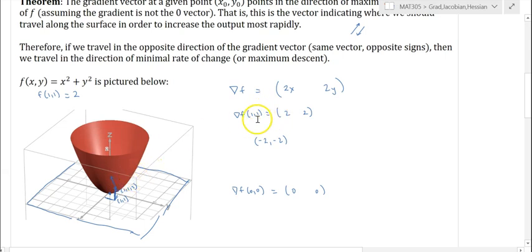So think about this as we could travel ourselves up to the maximum by computing the gradient at the point, moving an infinitesimally small amount in the direction of that gradient, then recomputing the gradient at that new point, and then again moving an infinitesimally small amount in that new direction. We repeat this process. We'll eventually whittle our way to a maximum if it has one. Alternatively, if we move in the opposite direction and then recompute, we'll eventually move ourselves in the direction of the minimum.